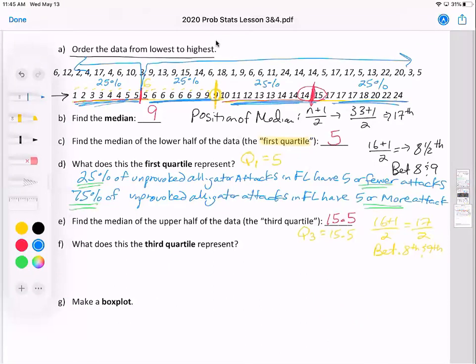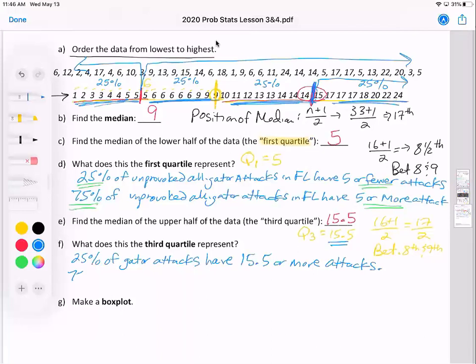So we would say 25% of gator attacks have what? Well, 15.5 is here. 25% would be that or more. Have 15.5 or more attacks. And it's okay, it's a decimal, even though an attack can't be a decimal. This is just a numerical summary.